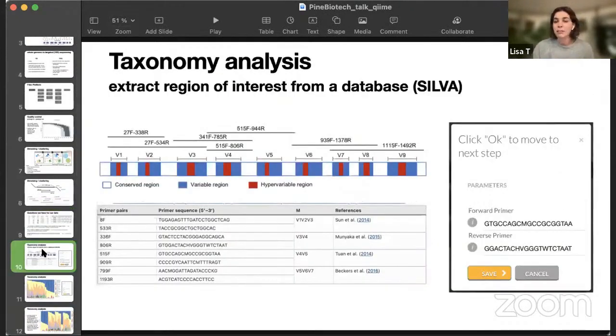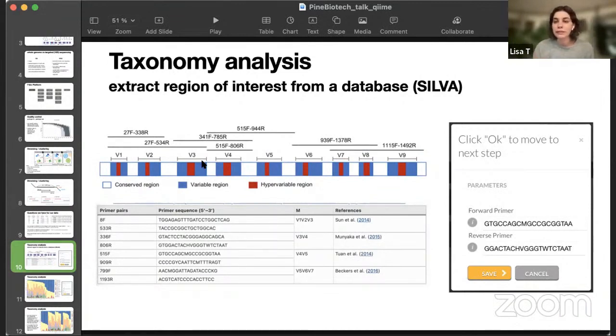So for taxonomy analysis, it is strongly advised to use the same primers that you used for your data. So the same region will be extracted from the database.